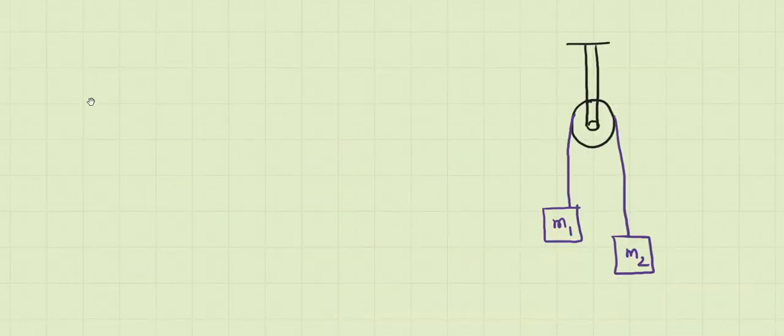So here is the system once again, and we are required to apply Newton's law in order to answer our question. So this is what we're going to do. Step number 1, apply Newton's law for object number, let's say, M1. Remember, we have gravity working in the vertically downward direction, and of course if the object starts to move, then it's going to be accelerating with a certain acceleration.